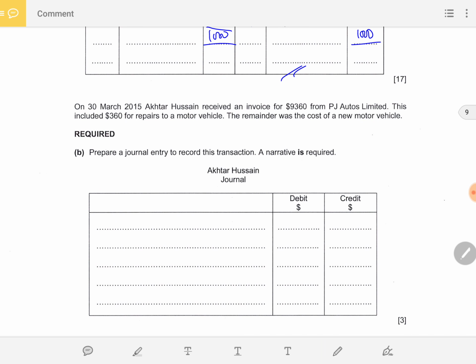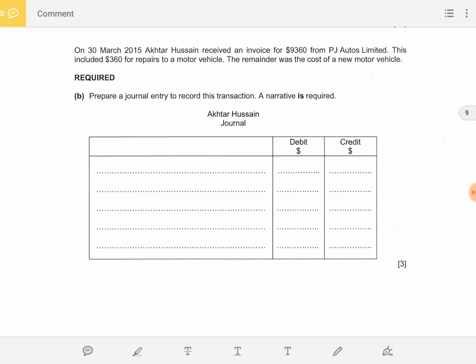Next, on 30th of March 2015, Akhtar Hussein received an invoice for 9,360 from PJ Autos Limited. This included 360 for repairs to a motor vehicle. The remainder was the cost of a new motor vehicle.